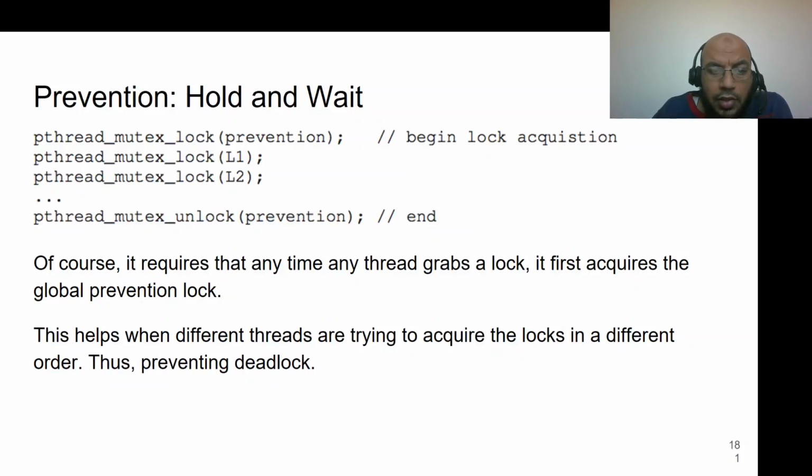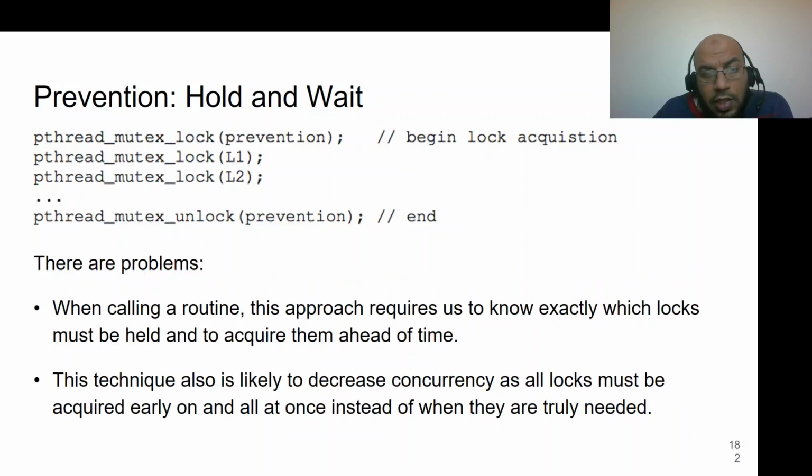It's also some type of ordering, but it comes at the cost of the prevention lock becoming a bottleneck. So this will result in a decrease of concurrency in the way that you're doing your parallel programming, because at the end of the day you have a single point, a single contention resource, which is the prevention lock.